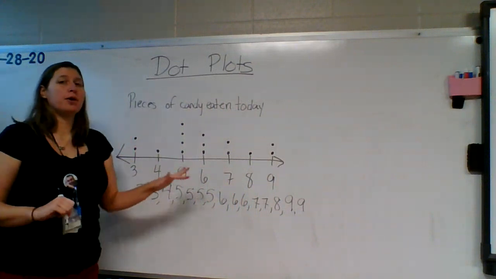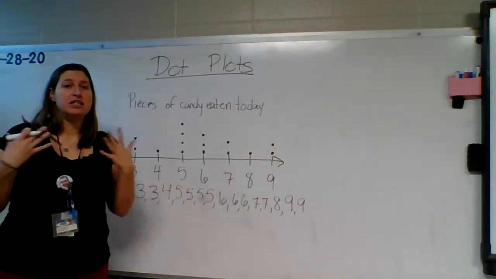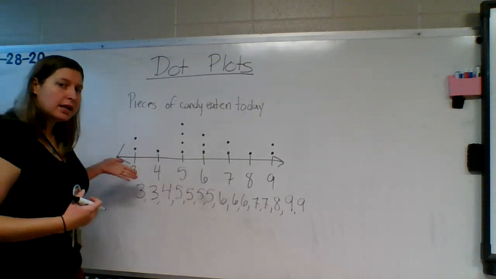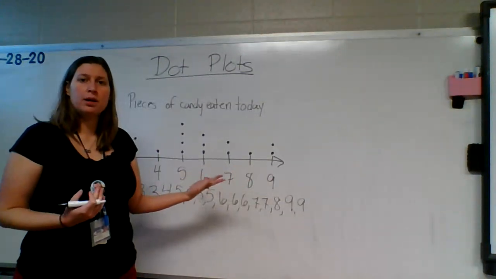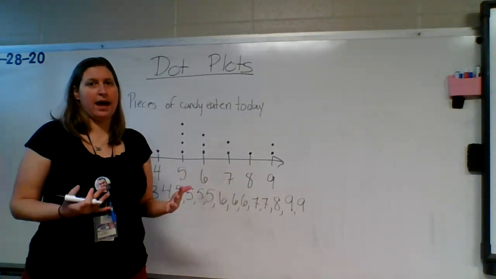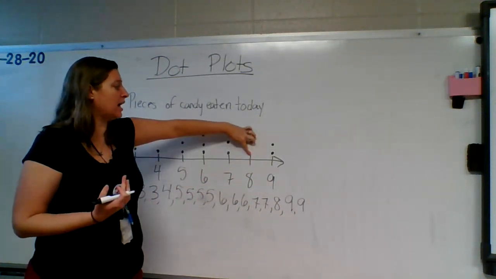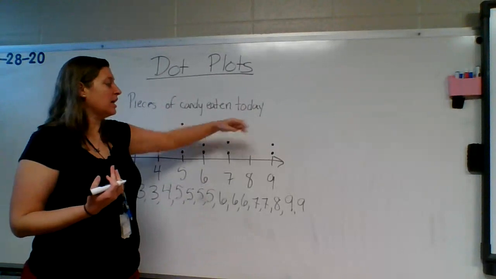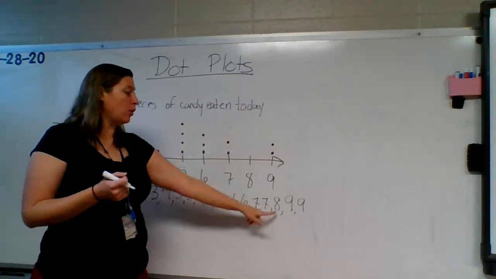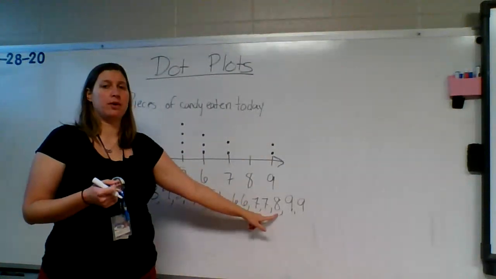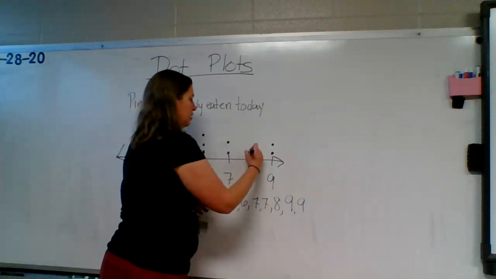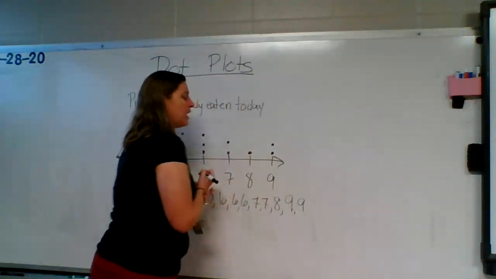If I had a number on my number line that did not have a dot, that just means that the number has to be in order for the number line, but no one answered that when gathering data. So it's okay. If I erased the dot above 8, then it just means I have no 8s in my data set. We're going to keep it in there just for the sake of we already wrote our data.